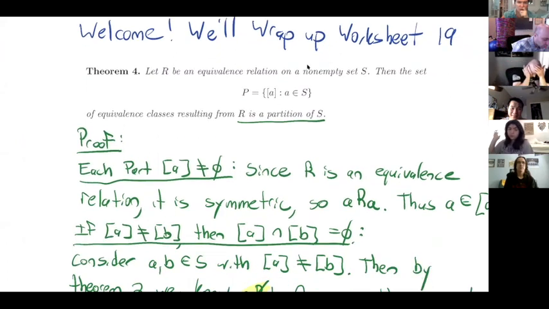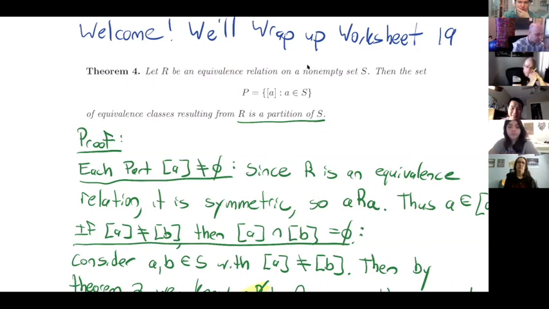So we were working on Theorem 4, which was making this connection between, we talked about what equivalence classes are, we talked about what a partition is, and then it turns out that they're basically equivalent. So given an equivalence relation, we can get a partition. Given a partition, that defines an equivalence relation. So the first part of that sentence is, given an equivalence relation, the equivalence classes form a partition of the set.